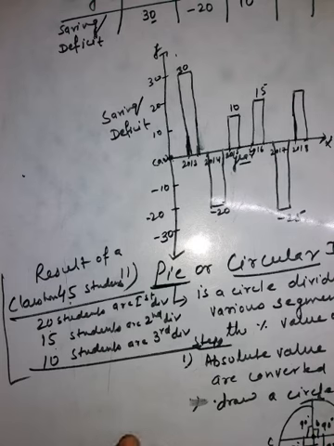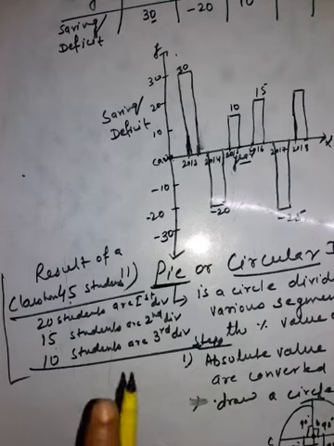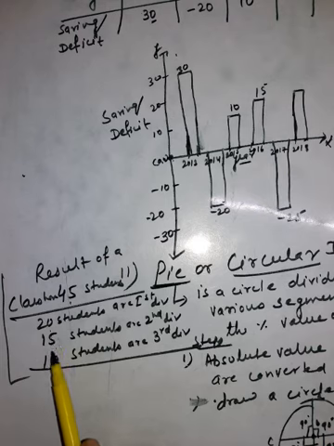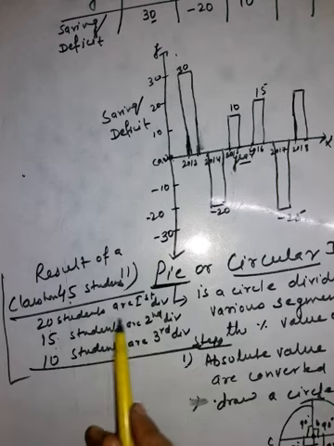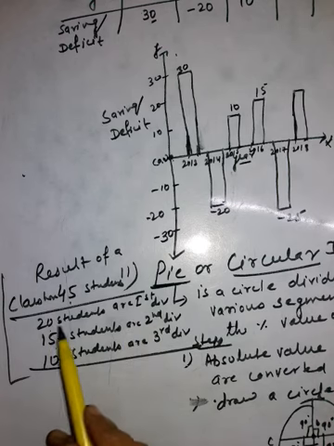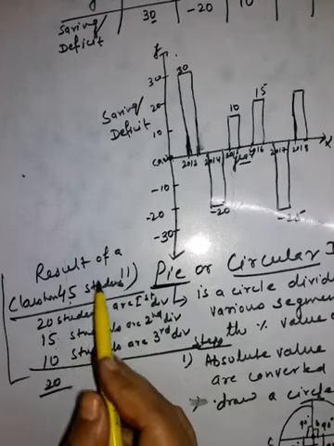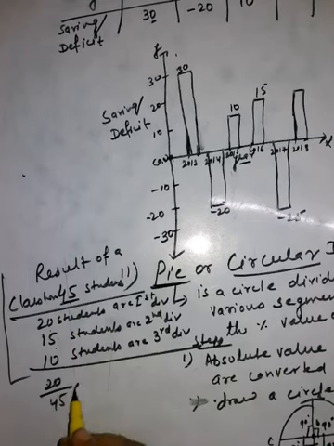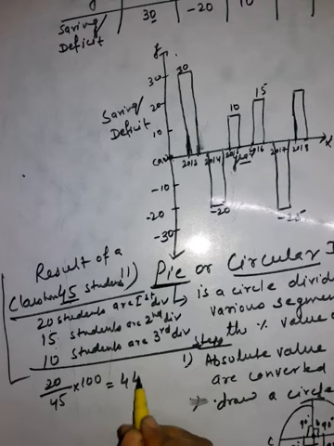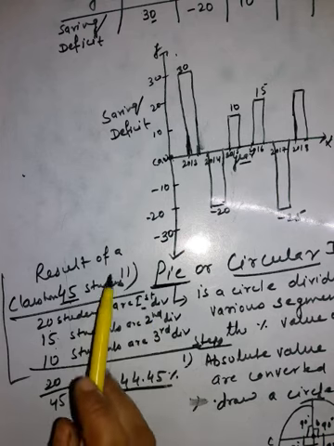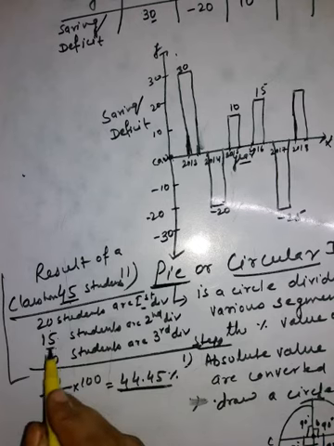So how can we show it? The first thing we have to do is convert these absolute numbers into percentages. The 20 first division students: 20 by 45, the total number of students, multiplied by 100, gives 44.45%.